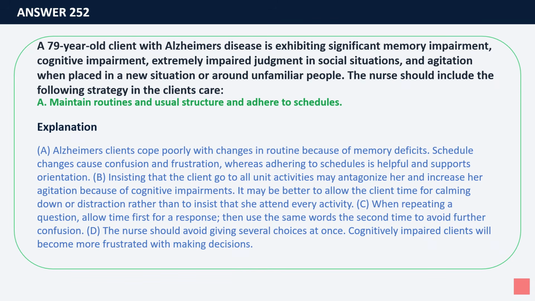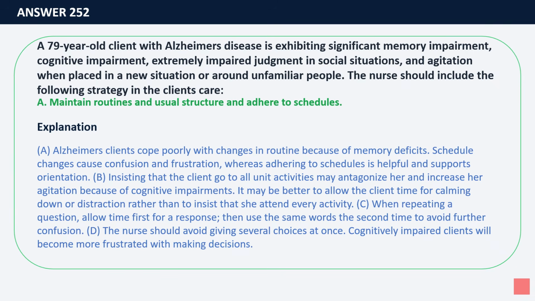Answer: A. Maintain routines and usual structure and adhere to schedules. Explanation: A. Alzheimer's clients cope poorly with changes in routine because of memory deficits. Schedule changes cause confusion and frustration, whereas adhering to schedules is helpful and supports orientation. B. Insisting that the client go to all unit activities may antagonize her and increase her agitation because of cognitive impairments.